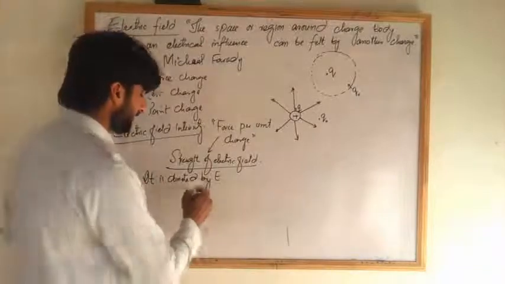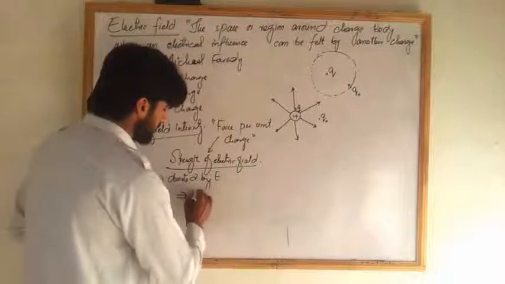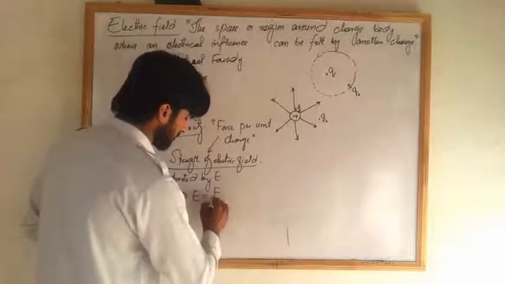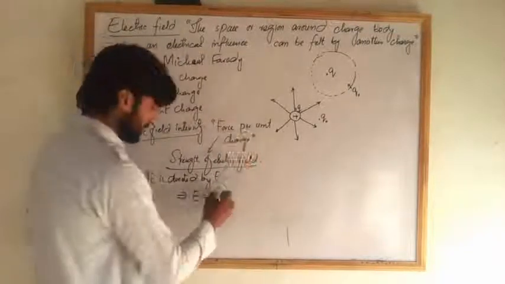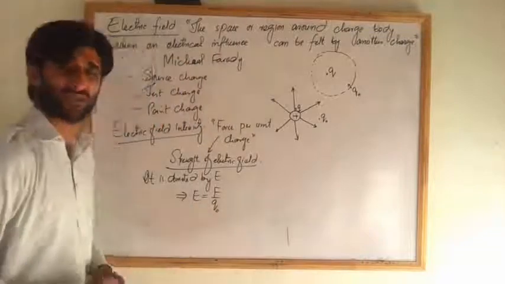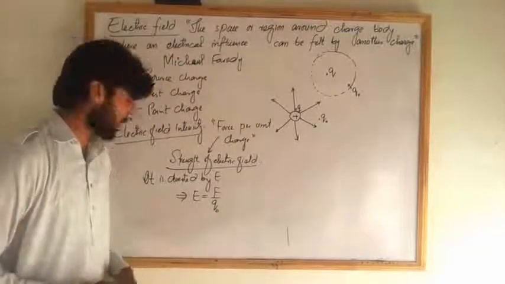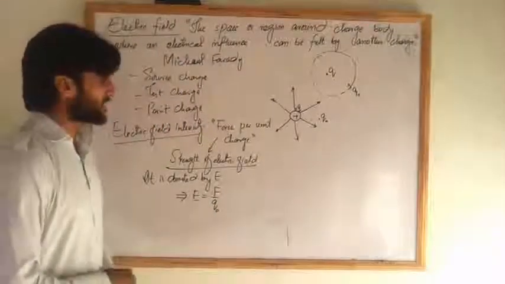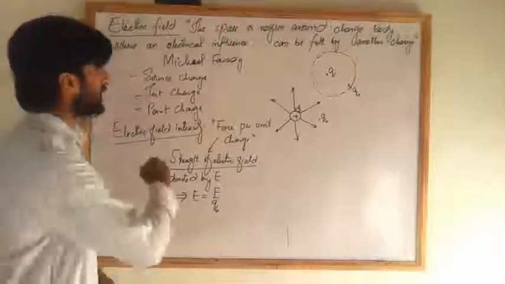Mathematically, how can I write it? E is equal to force per unit charge, as I have written. Force per unit charge, where the unit charge has a very, very small magnitude. So this is the electric field intensity we have shown here.